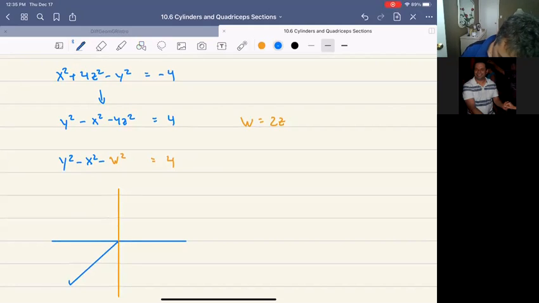So this is x, y, and w. And what do I have if I just look at the y-x? That's going to be a hyperbola, right? A hyperbola in these two dimensions. So let's draw it. Hyperbola, let's actually do it in y and w.